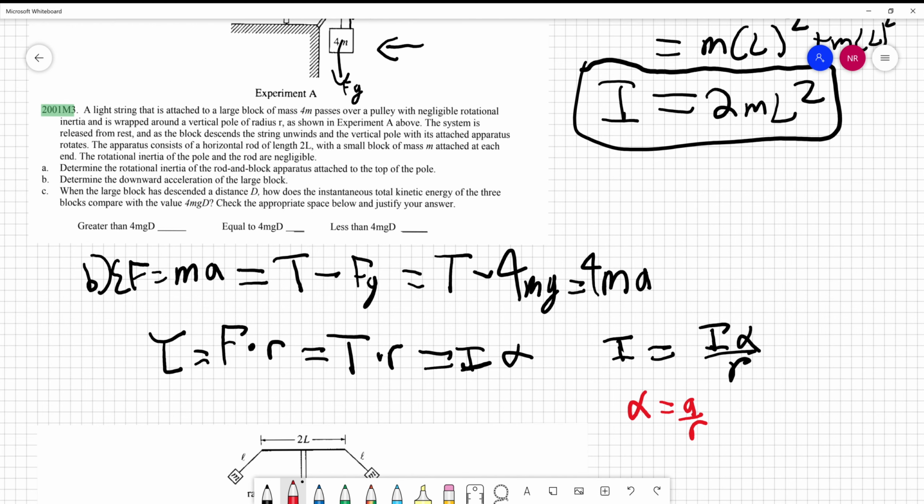So if we plug that in, we'll end up getting I a over r squared as our force of tension.